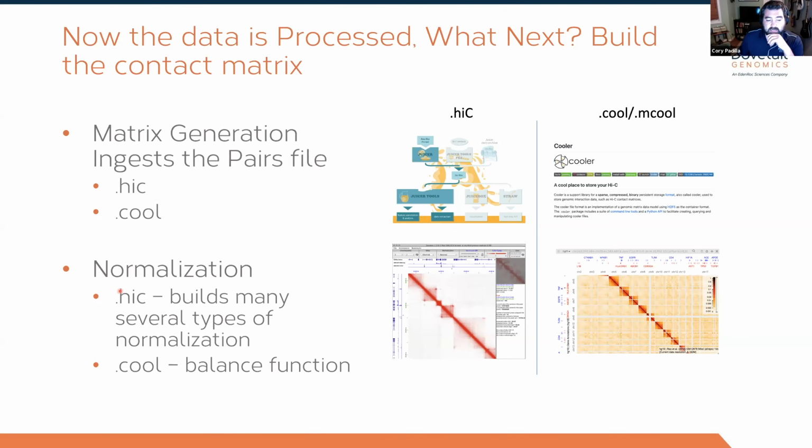Normalization: Juicer builds a bunch of normalizations into the contact matrix generation step. We typically find KR or coverage-based normalizations tend to work pretty well, and Cooler just uses a balance function, which isn't as flexible as Juicer's, but it does a fairly good job there as well.